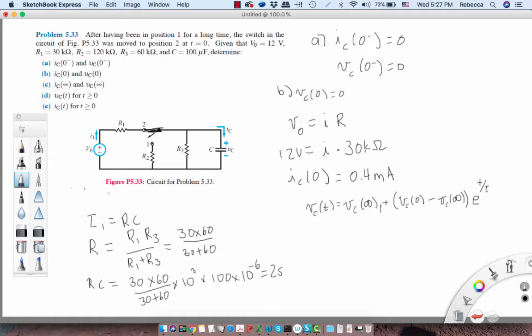So now we can plug everything into this equation to get an expression for Vc at any time t. Vc at infinity was 8, plus Vc at 0 was 0, minus Vc at infinity was 8, times e to the negative t over 2.